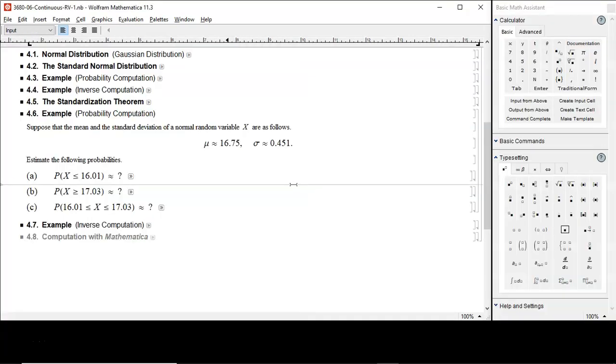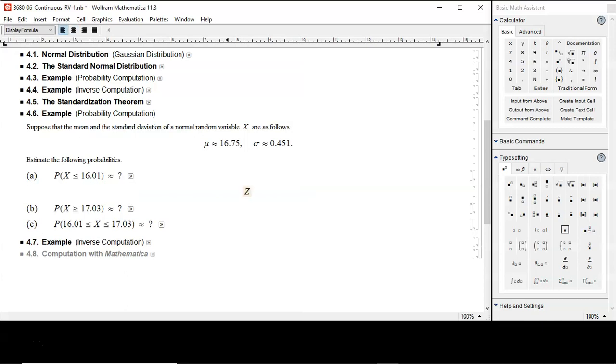We do it by the standardization theorem.